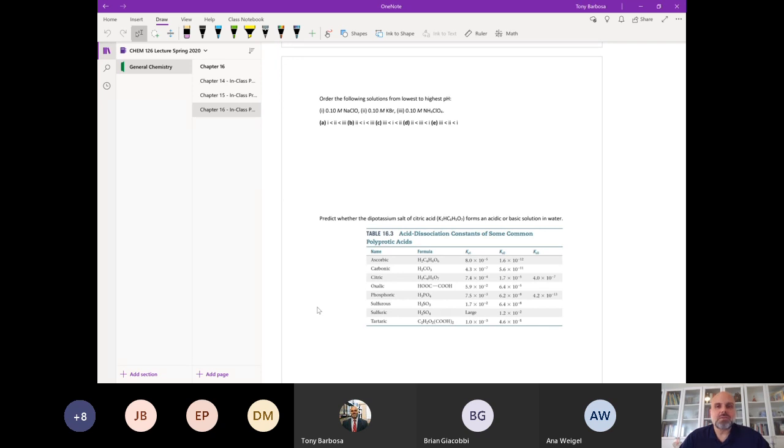Which is going to be neutral? Which is going to be basic? Are all of them acidic or all of them neutral? So think about what you're generating in solution here. Break down each individual ion and try to determine what they form. I'll give everybody a second to think it through.